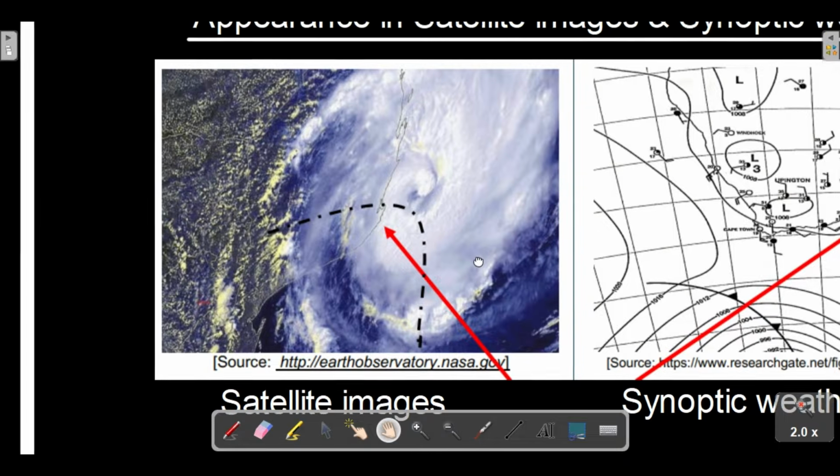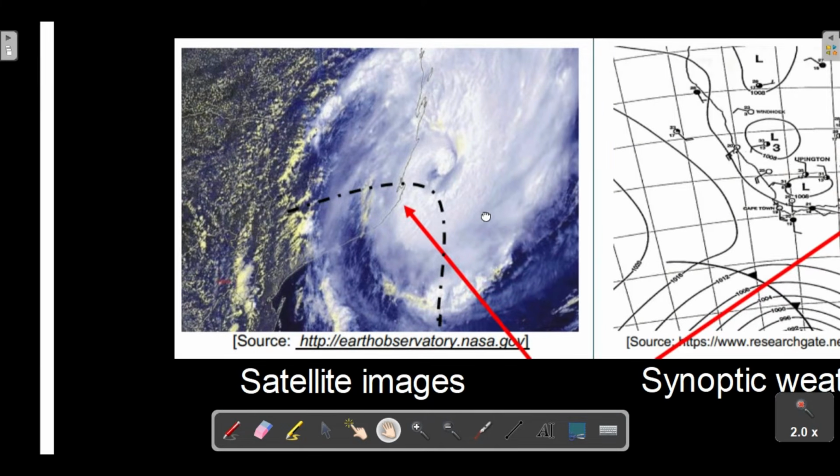What else do we see? This particular tropical cyclone has a clockwise movement of air. Look at how these clouds are spiraling; they depict a clockwise spiraling of air. So you would say this is a tropical cyclone that must have developed in the southern hemisphere.